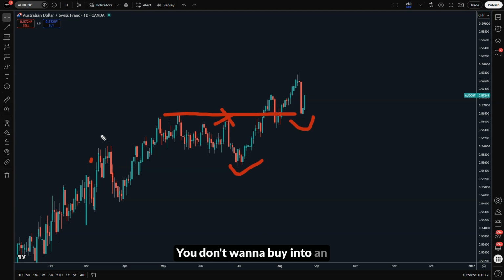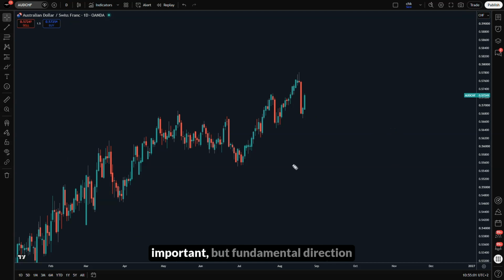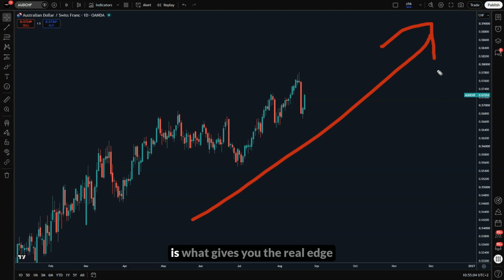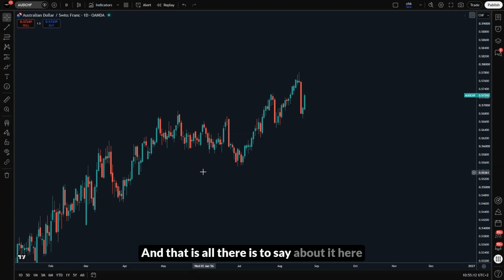You don't want to buy into an overextended market that then stops you out at a pullback. You want to buy at the right timing. So technicals are extremely important, but the fundamental direction is what gives you the real edge. And that is all there is to say about it here. You have a complete, tradable, real, verified framework that works. That's the model. That's everything.